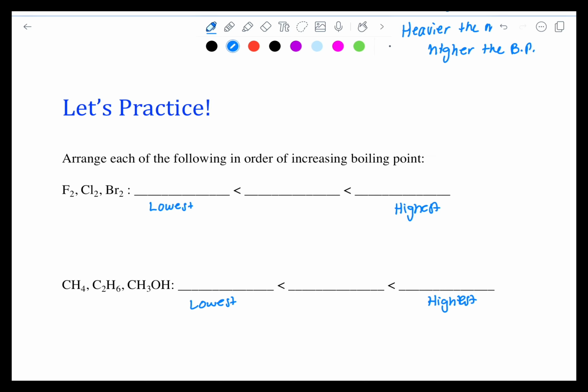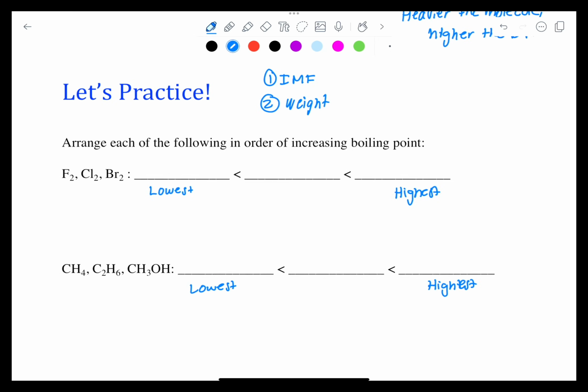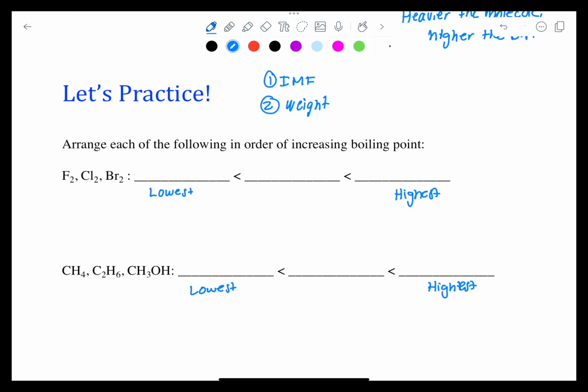We're going to look first at our intermolecular force, and then at our, I shouldn't say mass, I should say weight. So take a second, look through those two examples and try to put these in order of increasing boiling point.